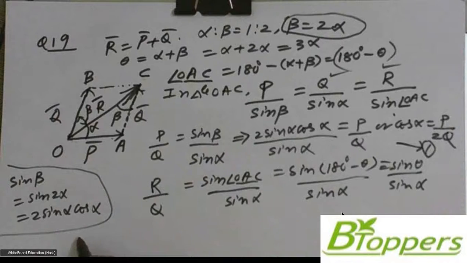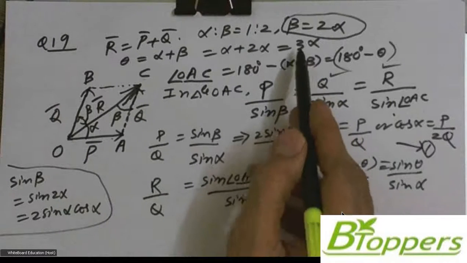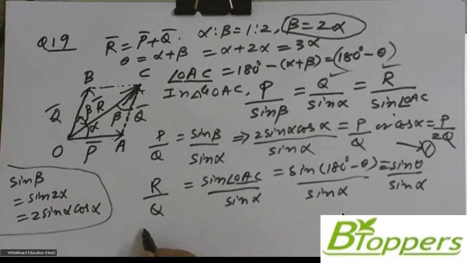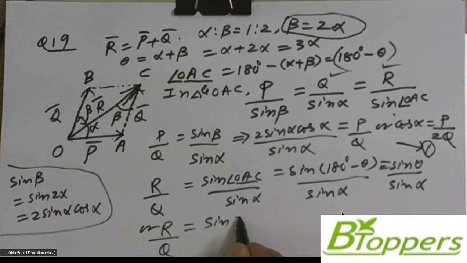So you can write theta equal to 3 alpha. So you can substitute theta equal to 3 alpha, sine 3 alpha by sine alpha.